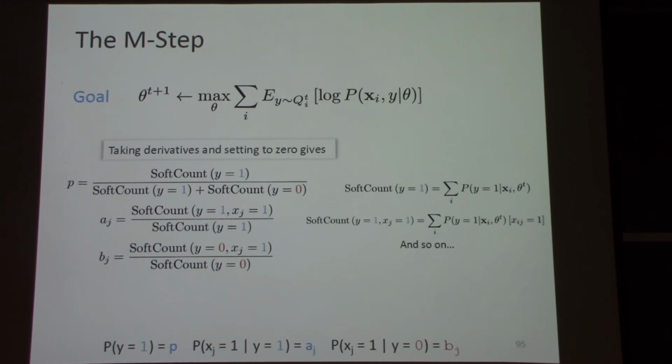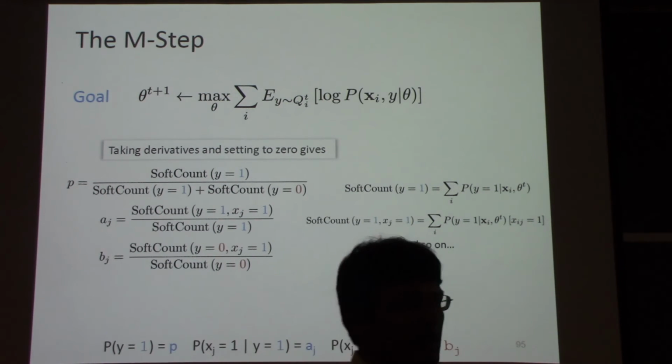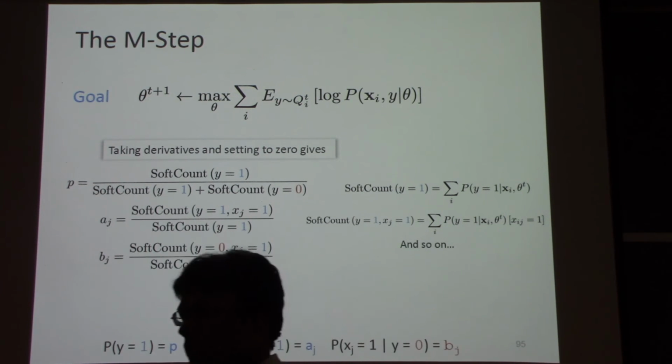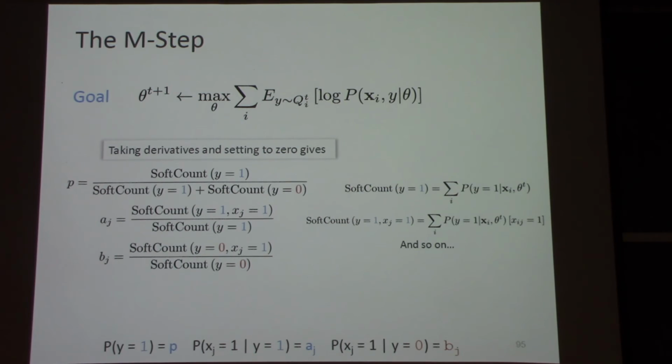A_j, which is the probability that a particular feature is 1 when the label is 1, is simply the number of times you have the feature being 1 when the label is 1, divided by the number of times the label is 1. That's in the fully supervised setting. Now we are in the land of soft counts. So you replace all counts with sums of probabilities.